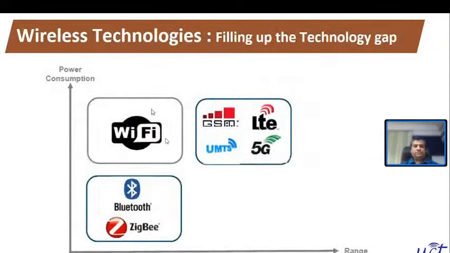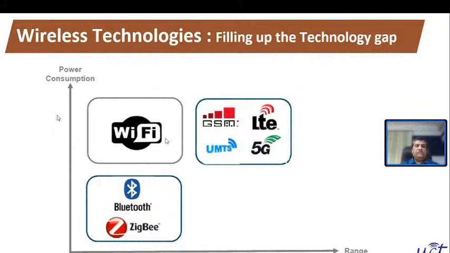And for a better understanding of which wireless technology fits at what level, we have made a plot here, with range on the x-axis and power consumption on the y-axis. So we want to see, with respect to range, what kind of power consumption happens.